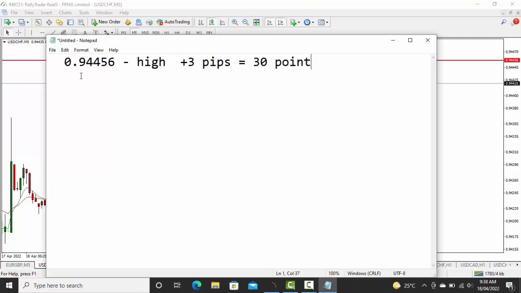So 3 pips is the same thing as 30 points. With this being the price at the high, 0.94456, I will now add this 30, which happens to be 3 pips, to the high of those 5 candles. So I'm adding 30 to be able to obtain the price I would use.